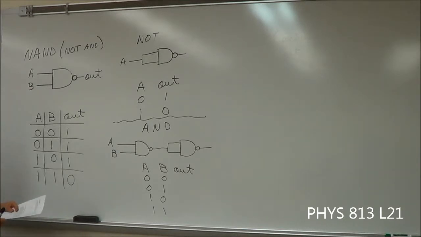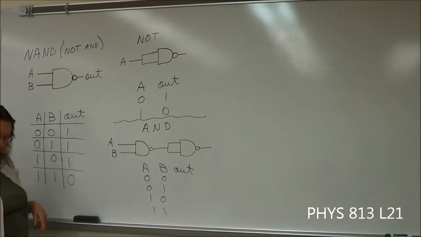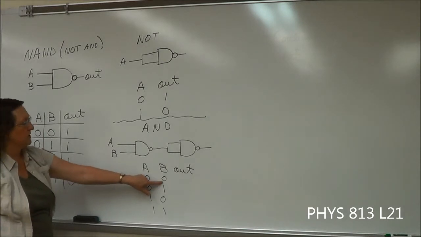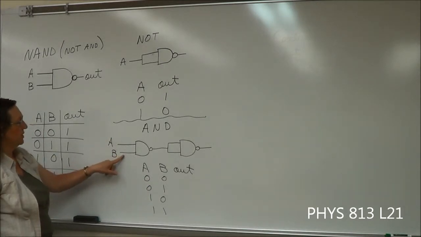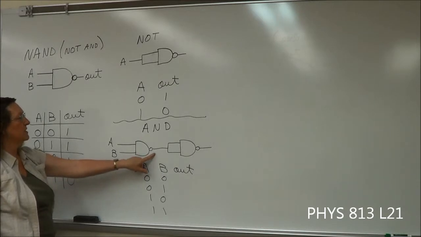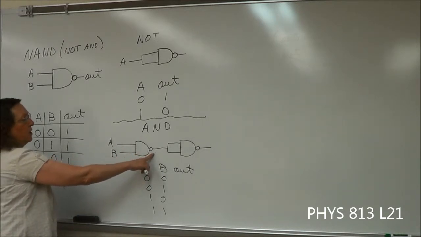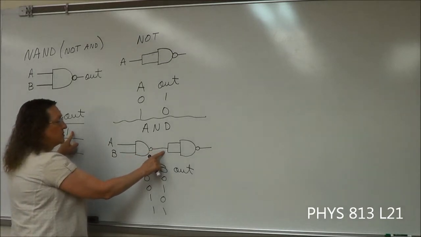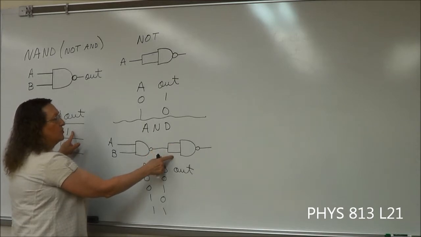So we're going to look through this, and I'm going to make sure that I do it correctly. So if we're starting out with 0, 0, we have 0, 0 here. Now, what's the output of our first NAND? Okay, 0, 0 is a 1. So a 1 comes over here and it goes both directions. So we have a 1 and a 1.